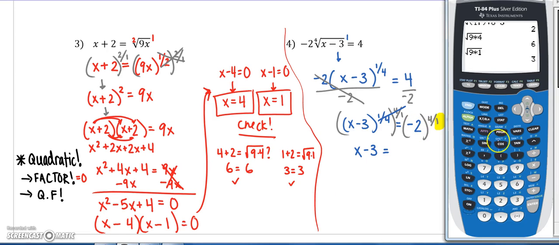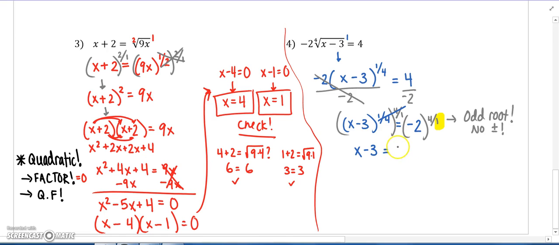And if you're ever not sure, just type it in with parentheses. If you type it in without parentheses, it kind of defeats the purpose. So, negative 2 to the 4 divided by 1. It is a positive 16, just like we should have expected. And then finish solving by adding 3. And we end up with x equals 19.